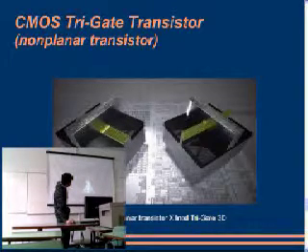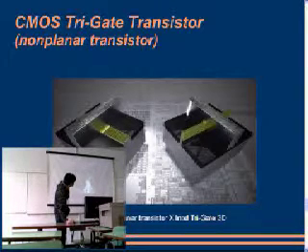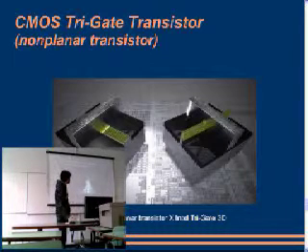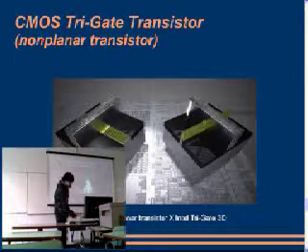If you can see here, the surface of the source and the drain is higher. We have a third dimension here. And the current can flow not just on the planar surface. We have the current flow here, here, and the other side. The gate controls these 3 sides of the current.